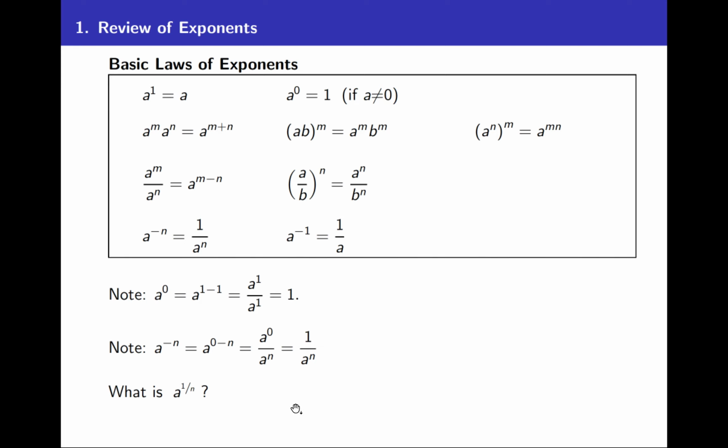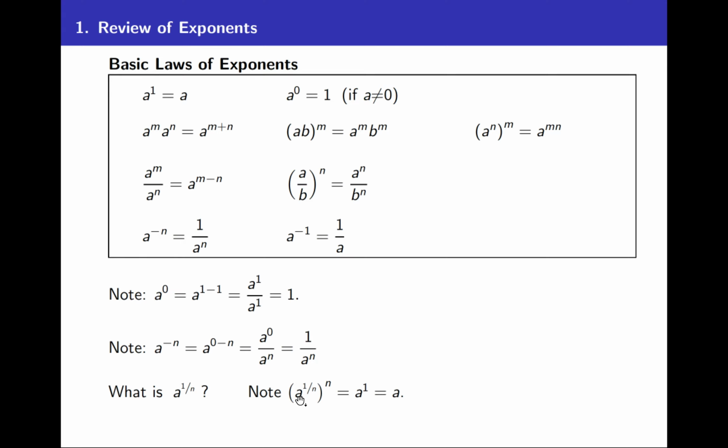So we have meaningful answers to a to the power of positive or negative integers. What if you had a to the power of the fraction of an integer, 1 over n? What is it? Well, one way to look at that is the following. If you took a to the power of 1 over n, whatever it is, and you raised it to the power of n, and if you believe this property, that means the exponents have to multiply, and you get a to the power of n times 1 over n, which is a to the power of 1, or just a.